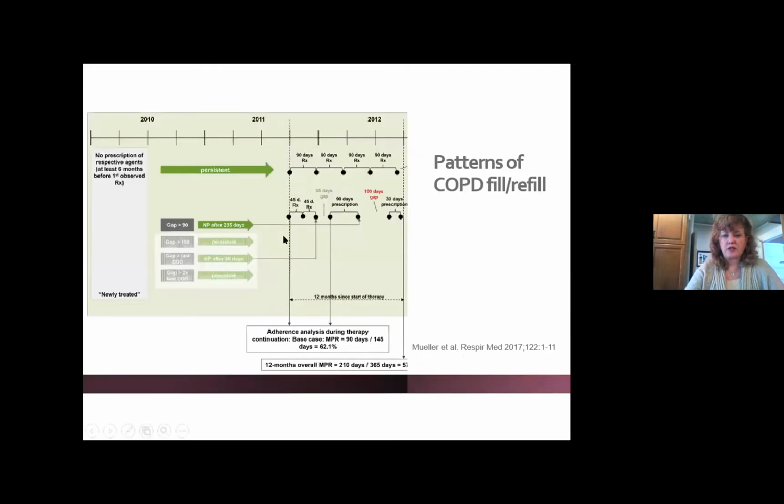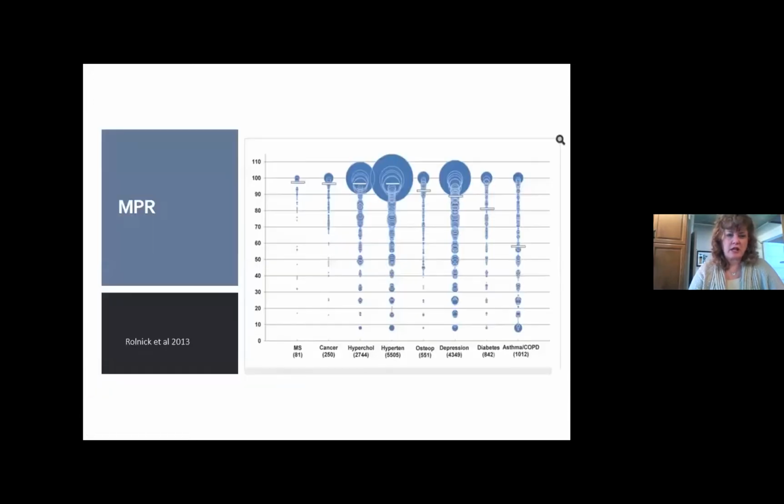We also see that there are significant gaps in treatment. In this example here, someone took medication for 90 days and then had a gap of like 50 days. Then they took another 90 days of medication and then a 100-day gap. So there are concerns about overall adherence as well as persistence. And medication possession rates, another way of looking at this, also show that it's quite low for COPD.